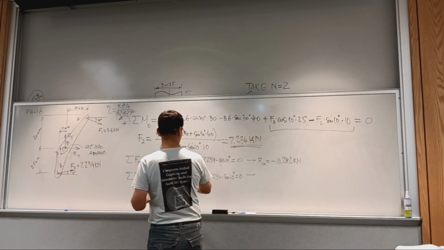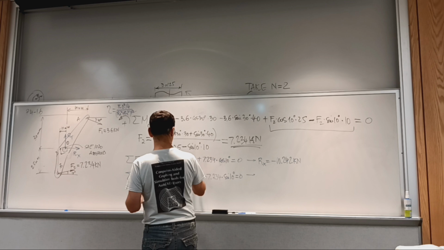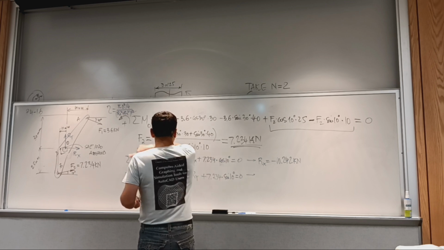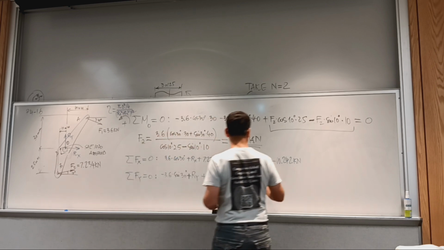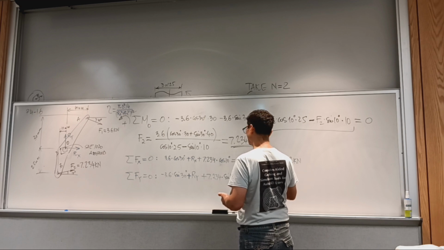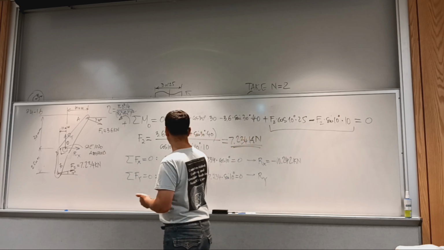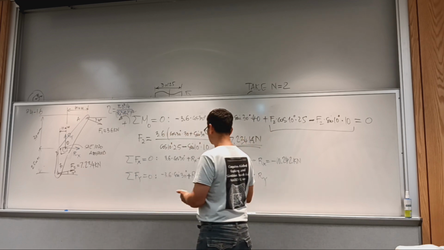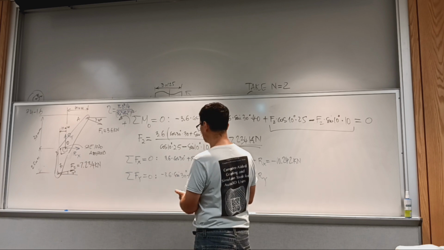As for this other one, we cannot tell exactly. So this goes to the side, Ry. So this becomes positive. This is negative. So let's hope we don't do any mistakes.